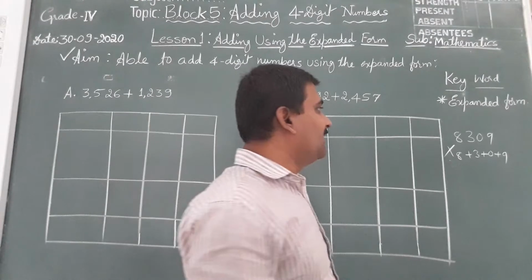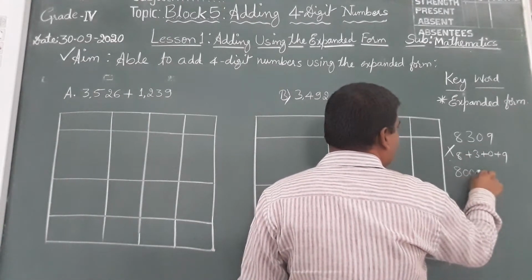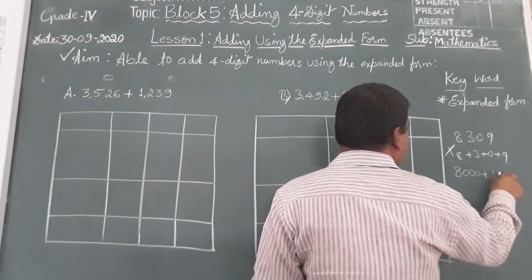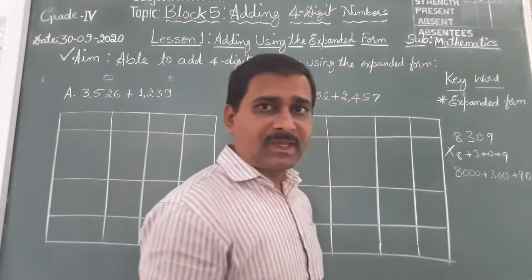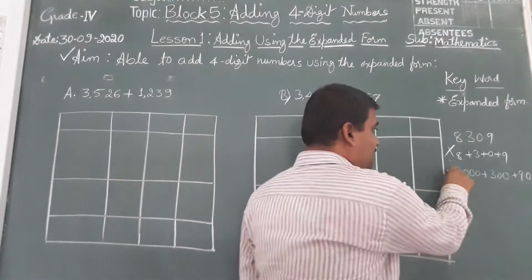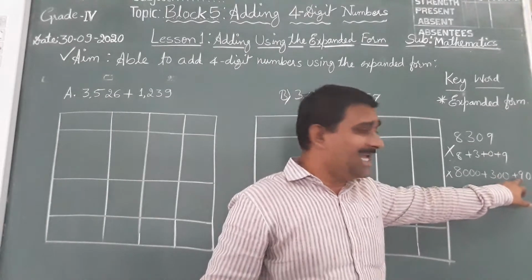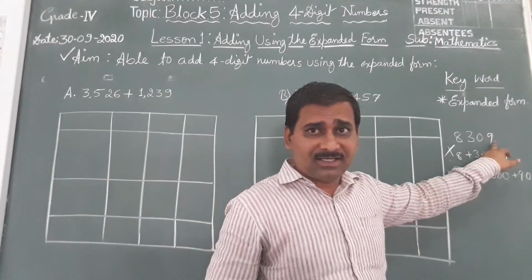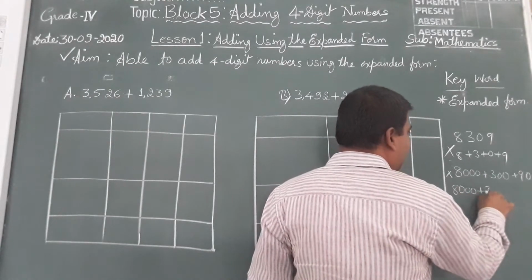Or else they will give it like this, 8390. Is this correct? It is also absolutely wrong. 8300 is correct. 90? No, it is 9, isn't it? How to write this? 8300.